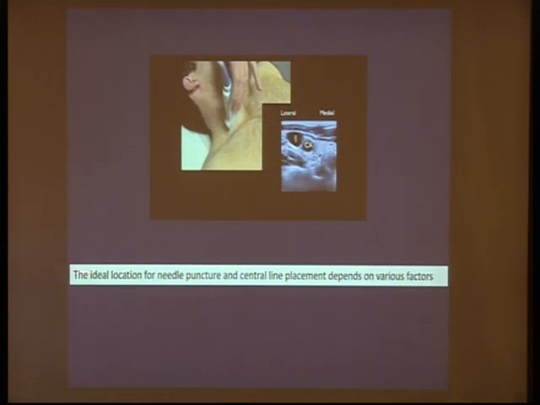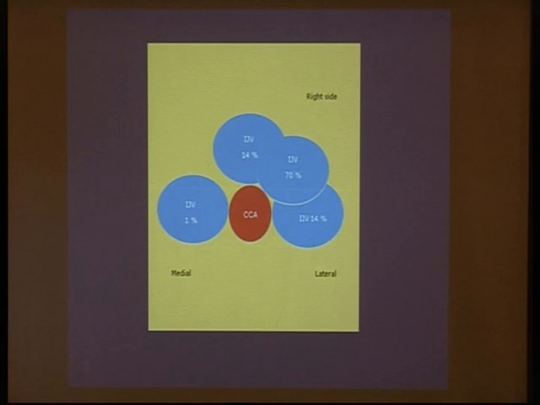Another important point for ultrasound cannulation is that the exact side of the artery and vein is not always the same. Perhaps the commonest anatomy is to have the vein more superficial and more lateral compared to the artery.